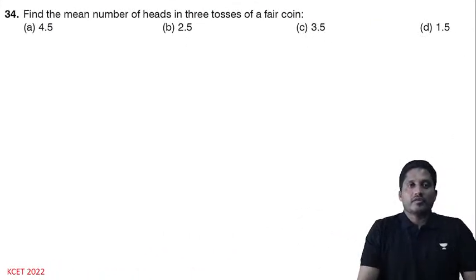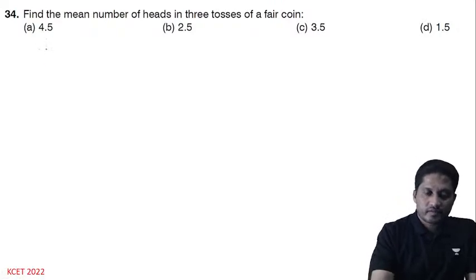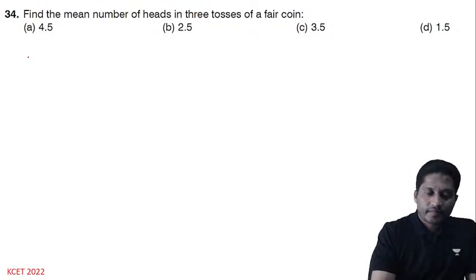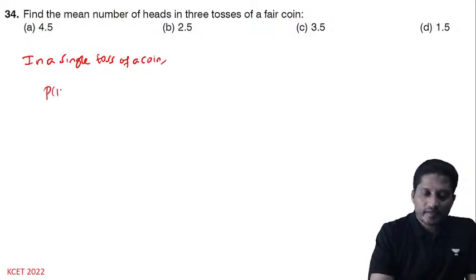Question number 34. Find the mean number of heads in 3 tosses of a fair coin. Alright, it's a question on probability distribution. In a single toss of a coin, probability of a head is 1 by 2 and probability of a non-head is also 1 by 2.